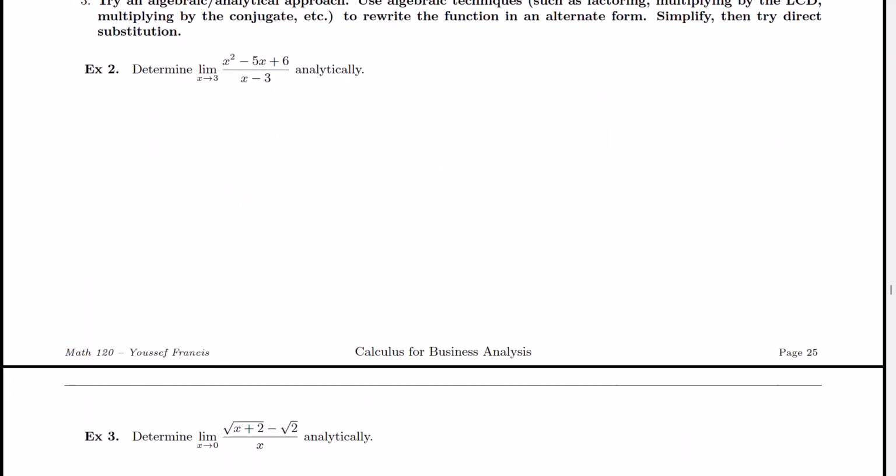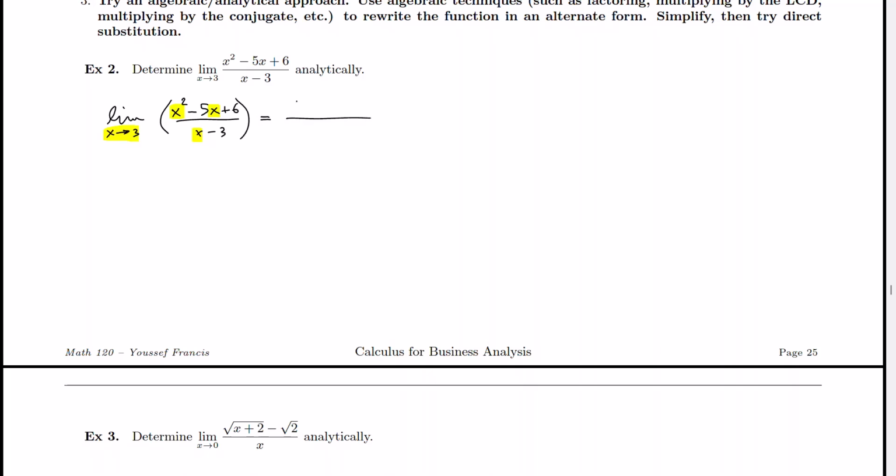So let's see what I'm talking about with example number 2. In this case, I'm given a limit with x approaching 3, and we have x squared minus 5x plus 6, all divided by x minus 3. So if I want to use my shortcut, I see that x is approaching 3, so I plug in 3 into all the x's, and what do I get out of this? Well, let's see.